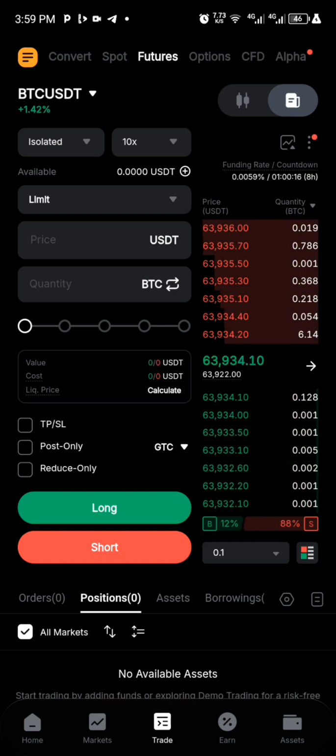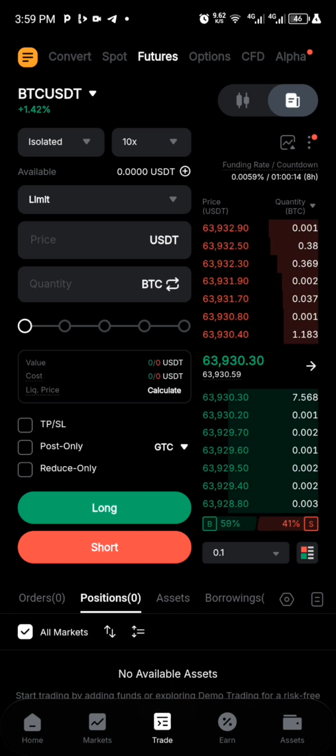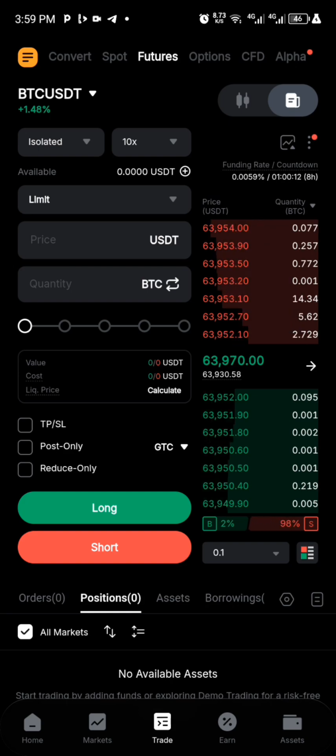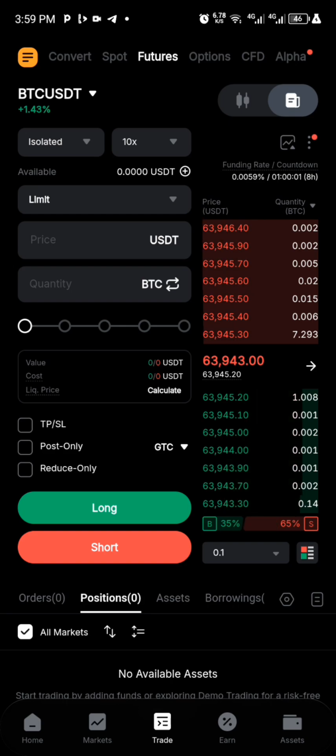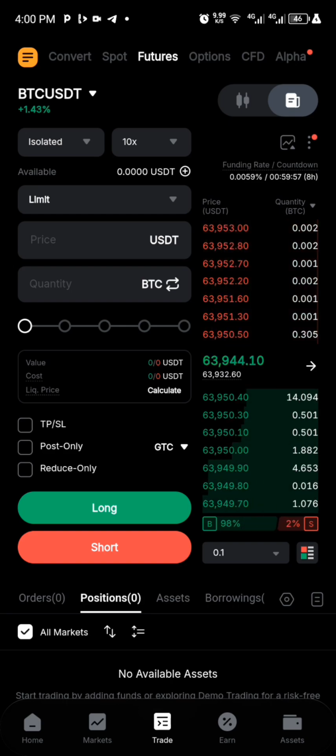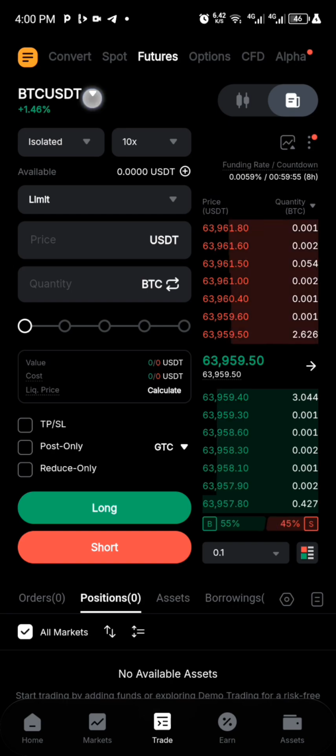Now, one more question that you may be asking. Let's say the particular pair you want to trade, because here it's showing BTC, but maybe it's not BTC you want to trade at that time. All you need to do is to tap on this arrow.